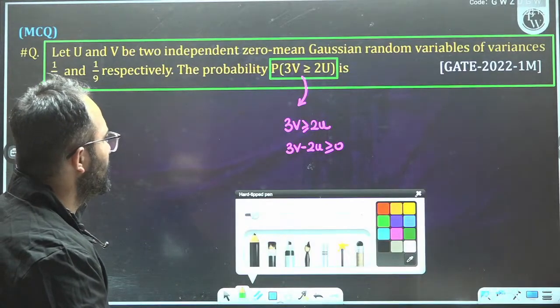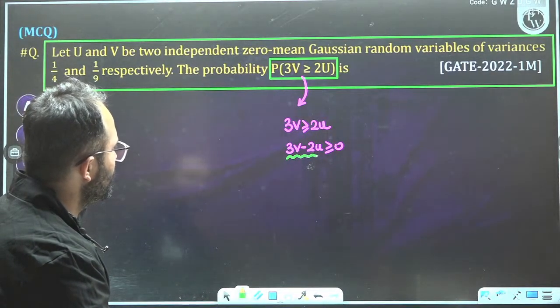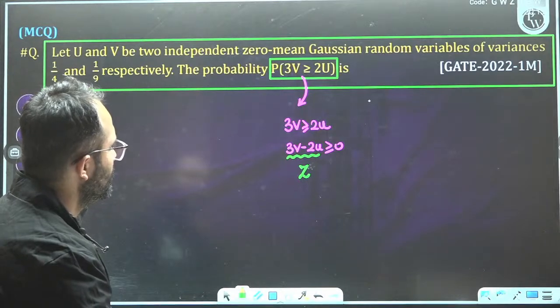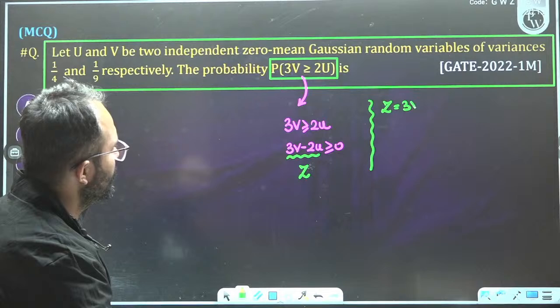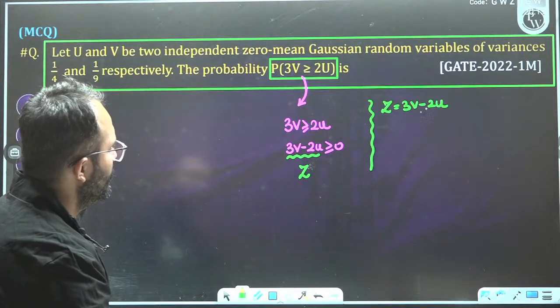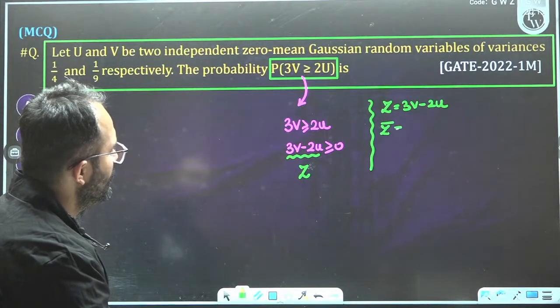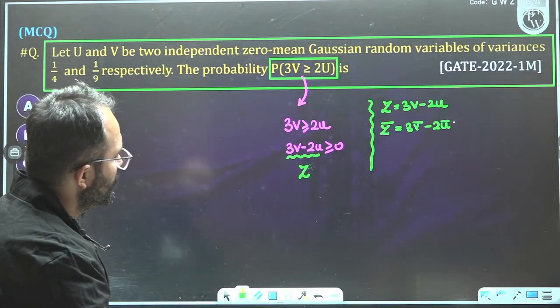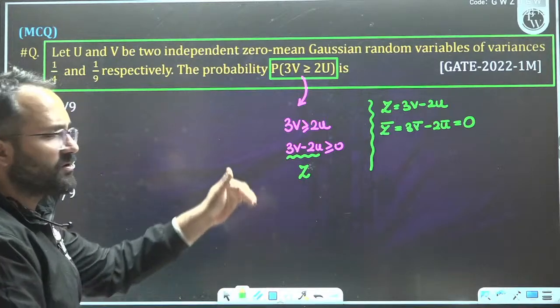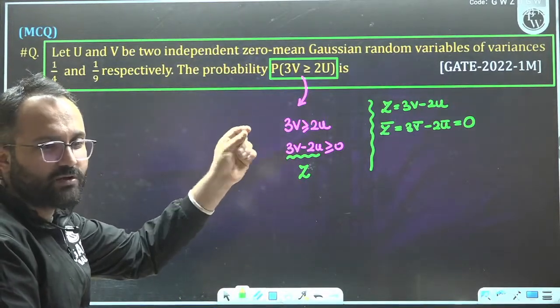Let's create a new random variable, say Z. Z is equal to 3V minus 2U. The mean value of Z is 3 times the mean of V minus 2 times the mean of U, that is 0, because V and U both are zero mean Gaussians.